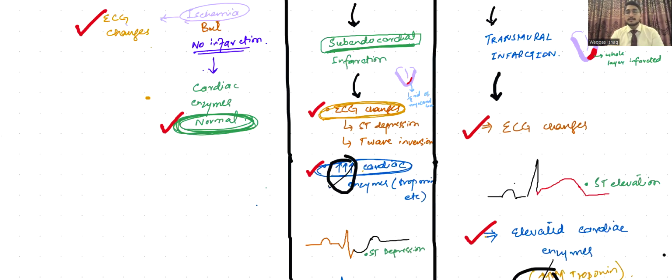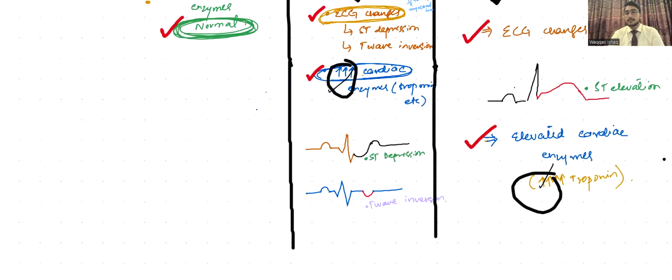And ECG changes, obviously: in STEMI, we have ST elevation going on, while in NSTEMI, we have ST depression and T wave inversions. Which area of the heart is being damaged is represented by different leads in the ECG. For example, if we have ST elevation in leads 2, 3, and aVF, that's showing an inferior wall MI.